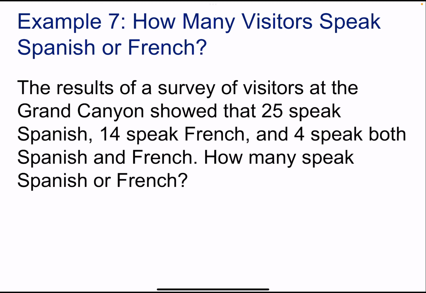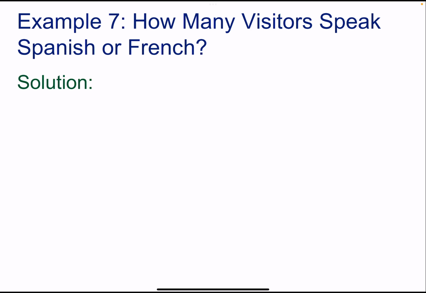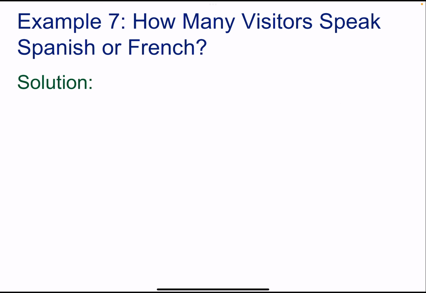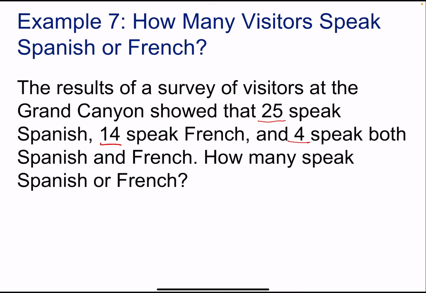What we found is that 25 people speak Spanish, 14 people speak French, and 4 people speak both Spanish and French. We want to ask how many people speak Spanish or French. In other words, how many people in total there are.